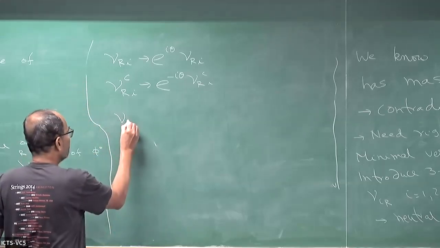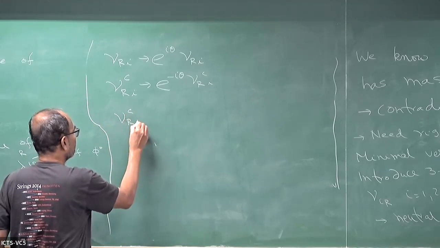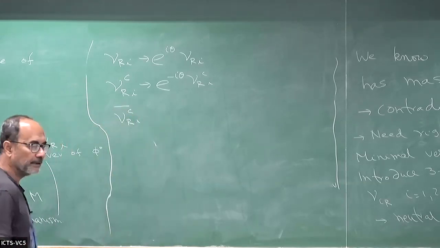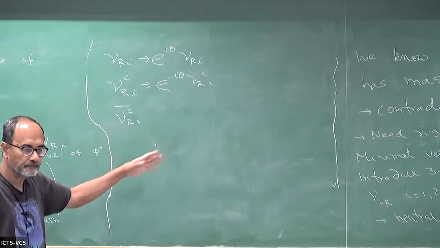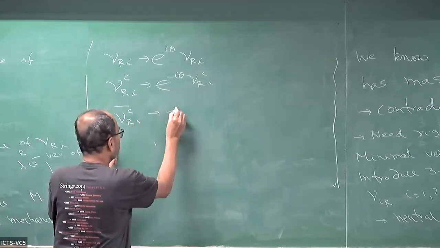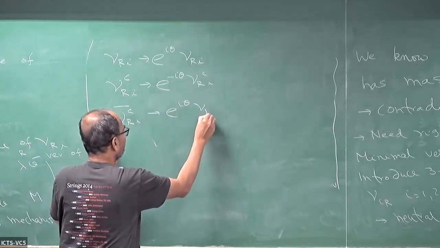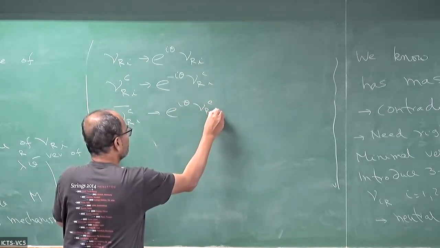But then nu r c bar involves another complex conjugation. The nu r c bar is nu dagger gamma naught. So this will go to e to the i theta times nu r c bar.